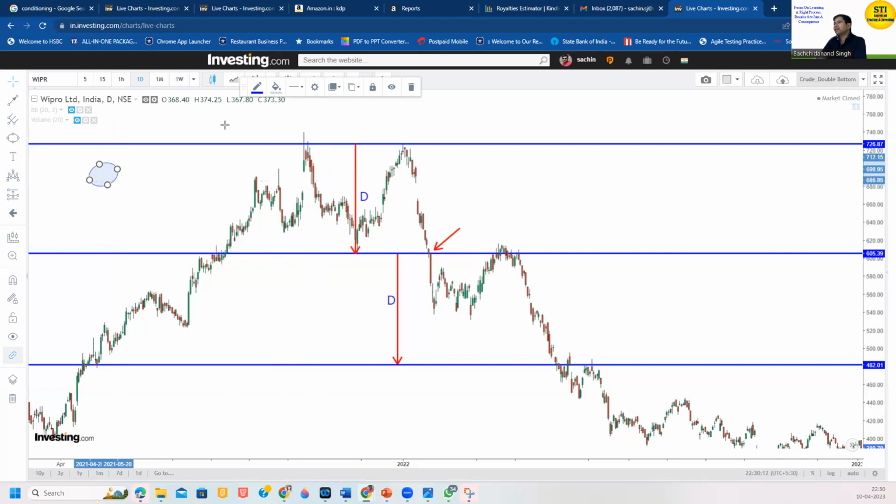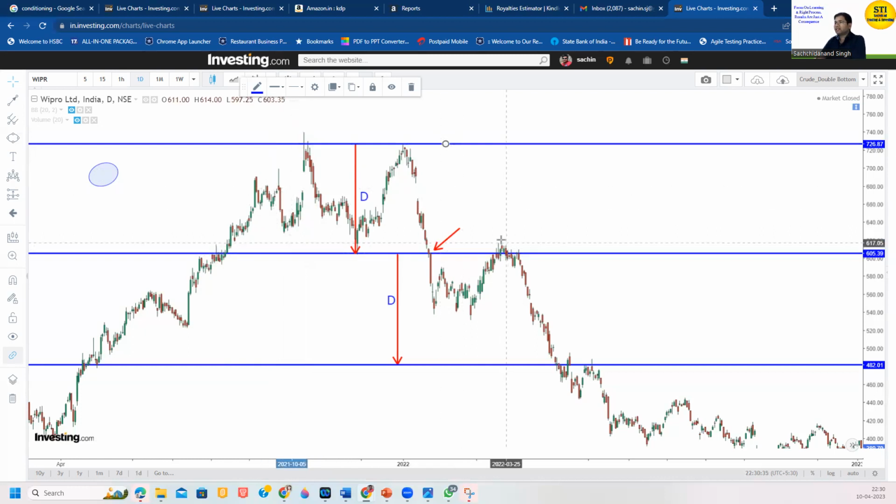In this example, because it is a resistance, if the price had gone above this point, the breakout could have happened. But because the breakout happened and could not succeed, this kind of scenario is called a false breakout.